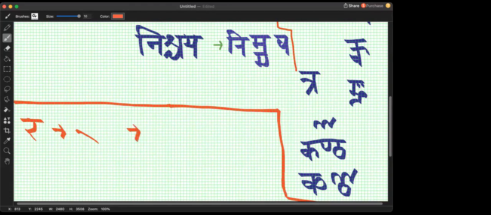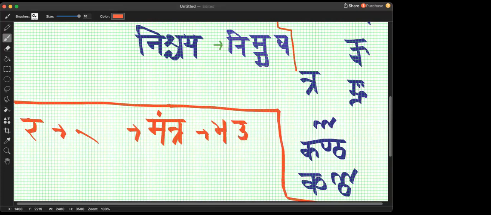So I'll say a few words. Say mantra. I'll first write the Devanagari word. Mantra. If you're writing mantra in Sharda, ma will remain as it is, and the ta will also remain as it is.